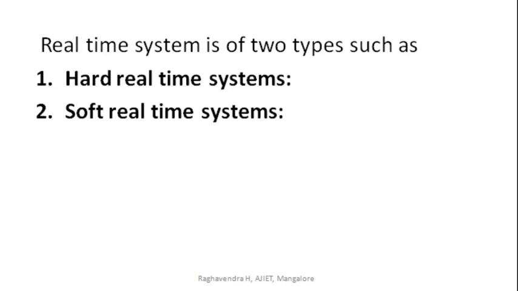A sudden task takes place at a sudden instant of time, and it will be executed at that instant. So that is the hard real-time system. The second one is the soft real-time system.